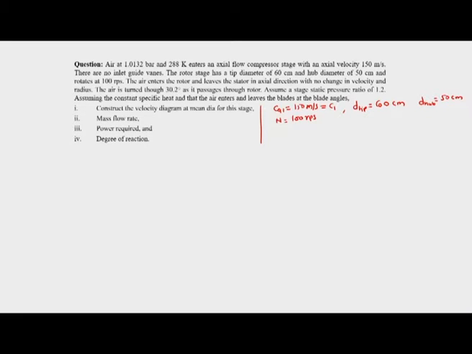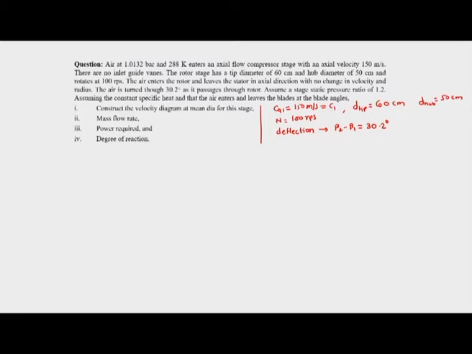Air enters the rotor and leaves the stator in axial direction with no change in velocity and radius. The air is turned through 30.2 degree as it passes through the rotor. So we are given the deflection, beta 2 minus beta 1, as 30.2 degree.